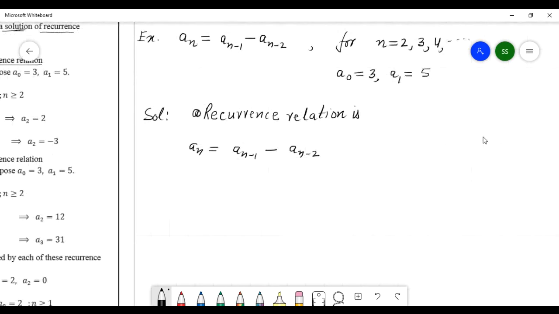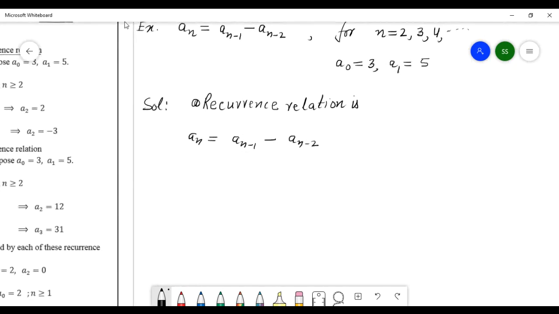So you have to find a_2 equal to what, and a_3 equal to what. Here a_0 is given, a_1 is given, so you have to find a_2 and a_3. This is the question.